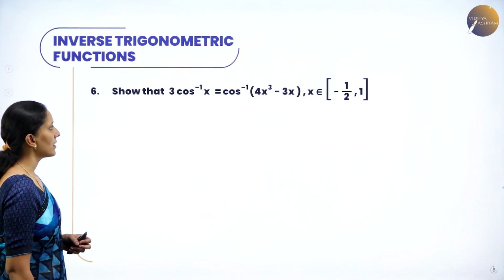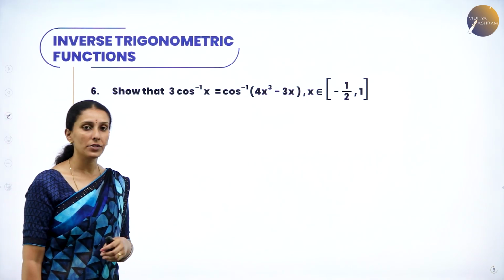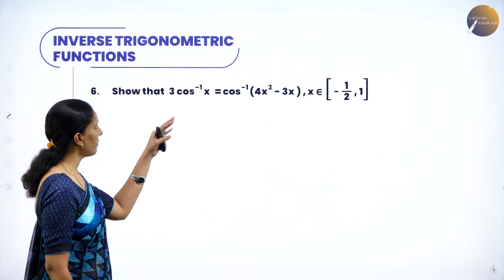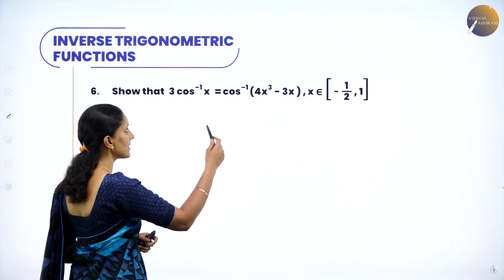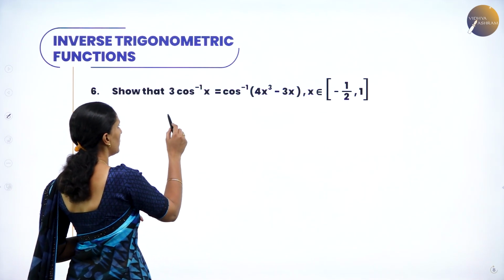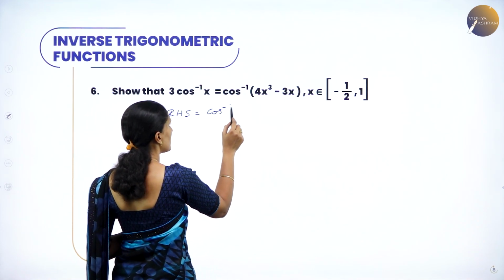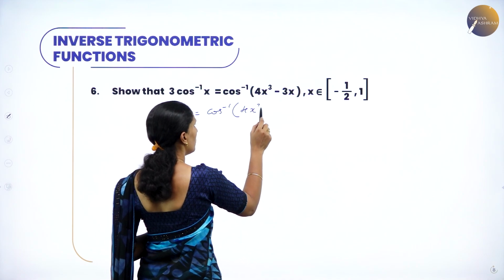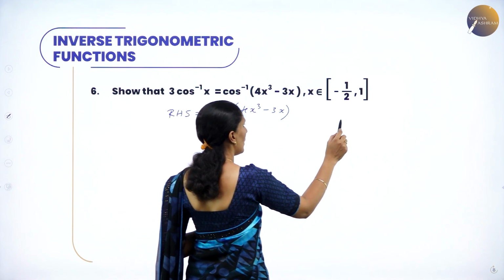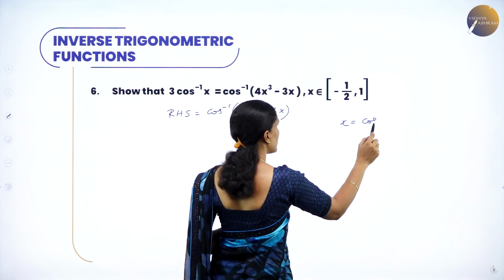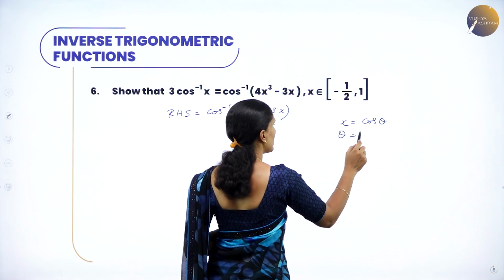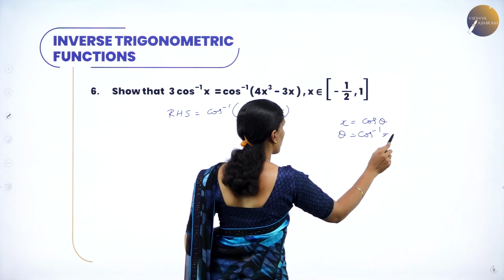Next, 3 cos inverse x is cos inverse of 4x cube minus 3x. Since every function is in cos, let us take x is equal to cos theta here. So let's take the right hand side, that is cos inverse of 4x cube minus 3x. So let us take x is equal to cos theta, then theta is cos inverse x.